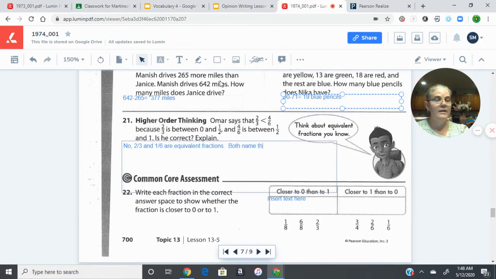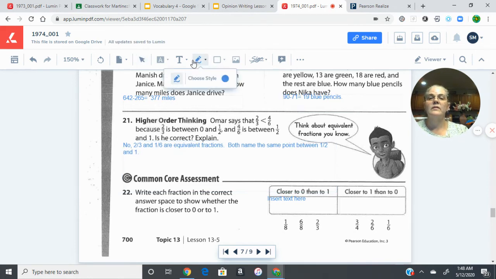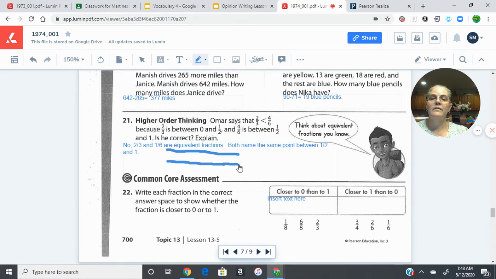Both name the same point between 1/2 and the whole number. Let's draw a picture. Okay. So let's prove that's correct. We've got a squiggly line and then another squiggly line. All right.